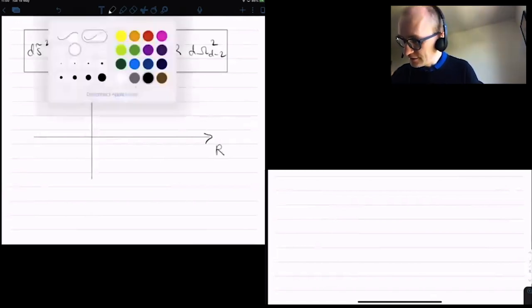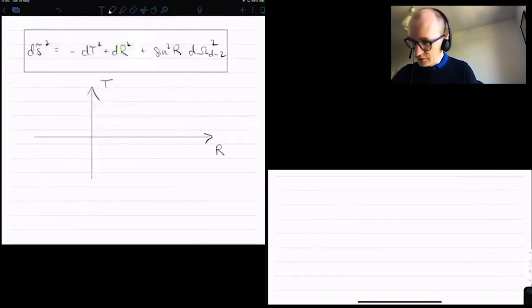So these are the axes. And then our spacetime is actually going to be this triangle here. It is aligned like this.